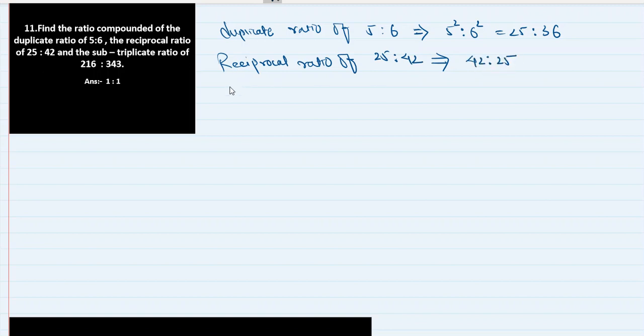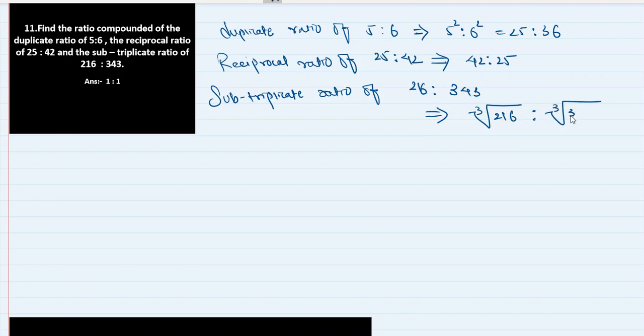And sub-triplicate ratio of 216 is to 343, which will be cube root of 216 is to cube root of 343, which is 6 is to 7. Okay, so we have found these three ratios.